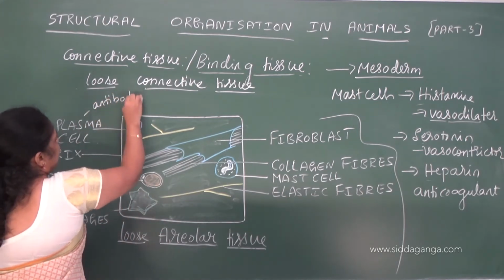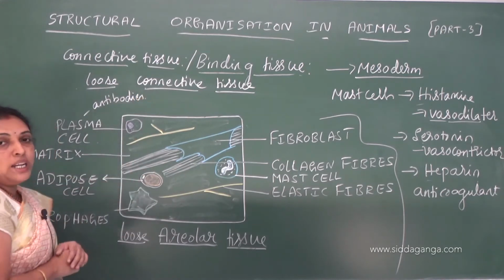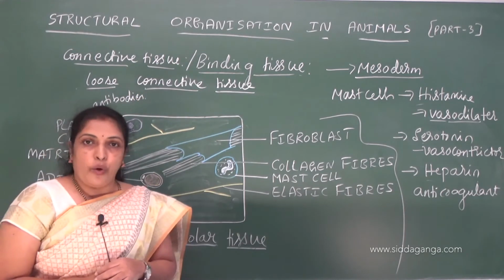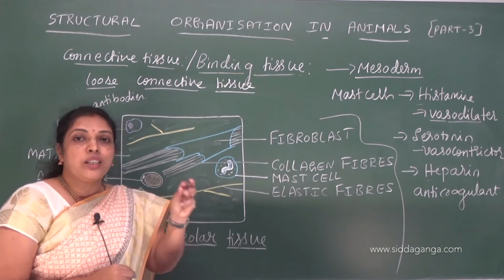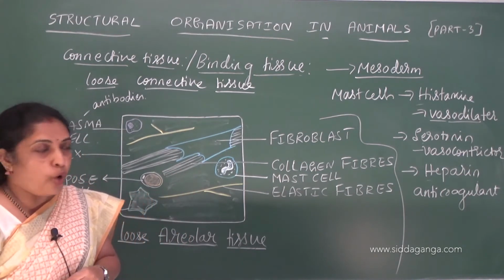Next, the plasma cell secretes antibodies. By secreting antibodies, it provides immunity to our body. These antibodies kill disease causing microbes.